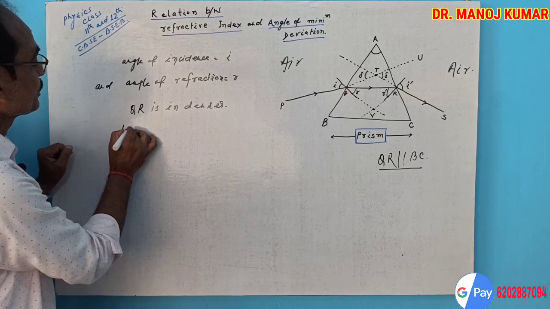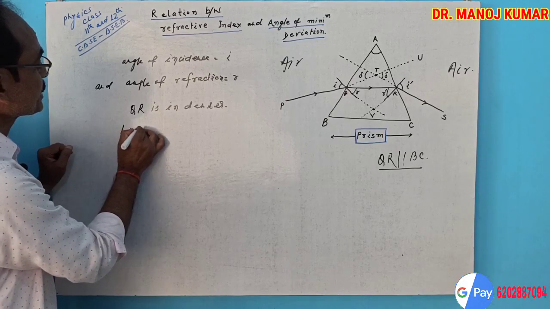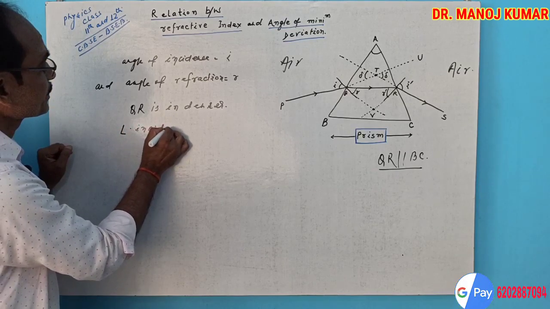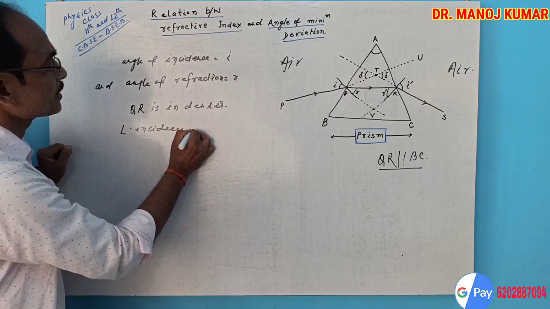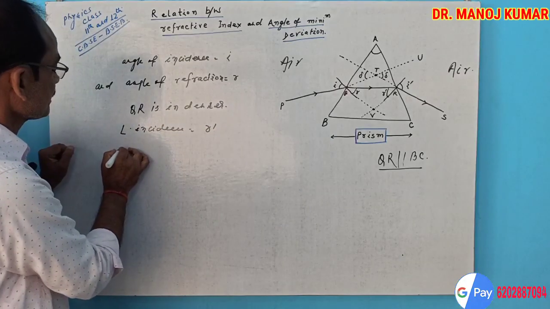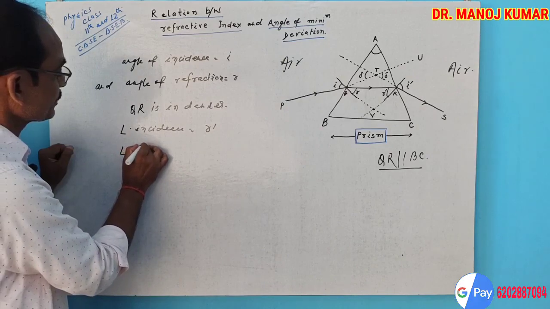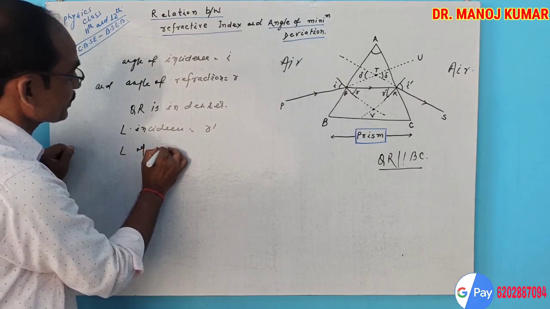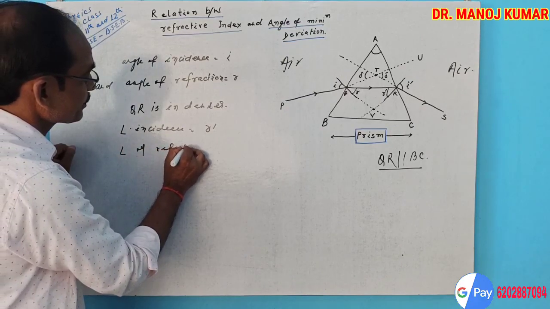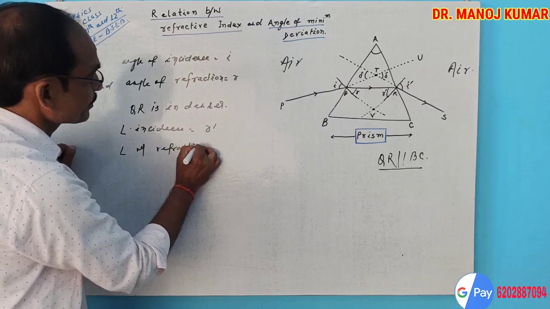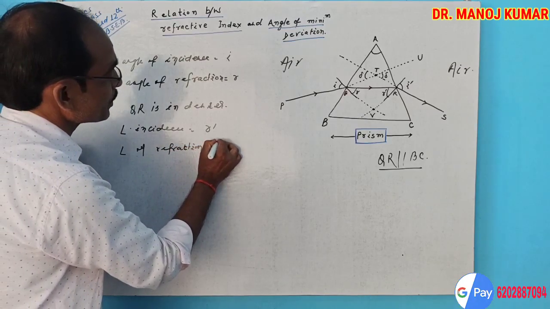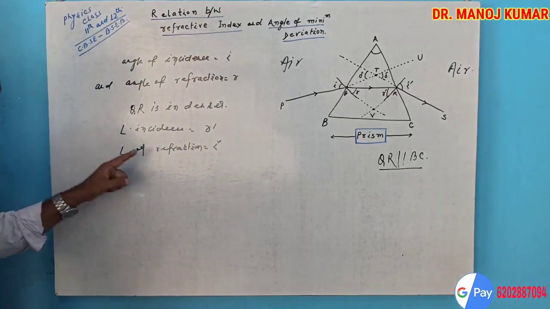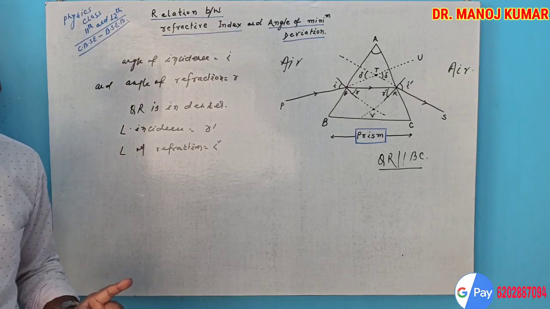Angle of incidence is R dash and angle of refraction is equal to I dash. Okay.